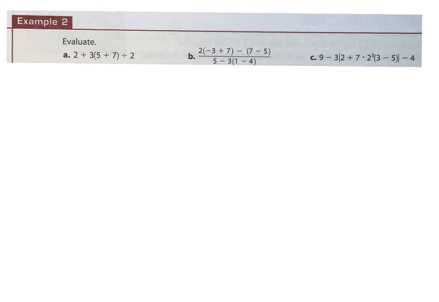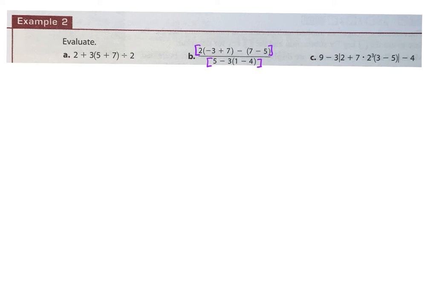So even if you don't see a group, you can think of it as having a group around the numerator and having a group around the denominator. And what this means is you are going to completely simplify the numerator and completely simplify the denominator before you do the division of the numerator to the denominator, all right?